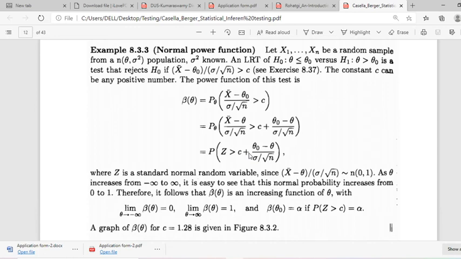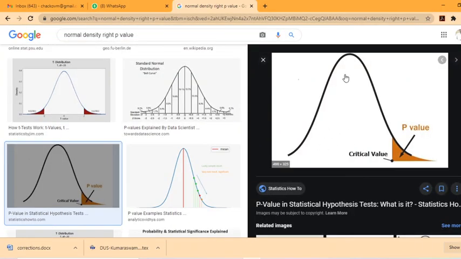Now what happens when theta tends to plus infinity? The term on the right side goes to minus infinity, since minus plus infinity means minus infinity. Z greater than minus infinity, what is that region? The entire region.